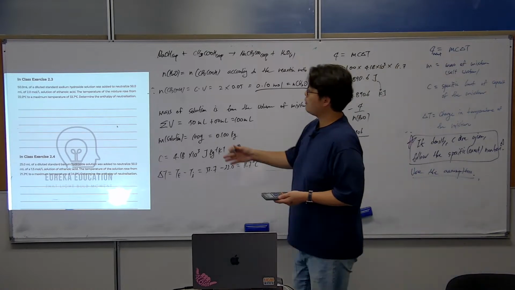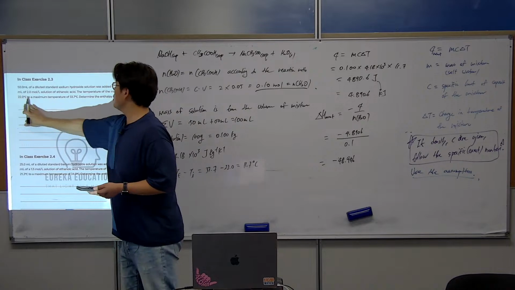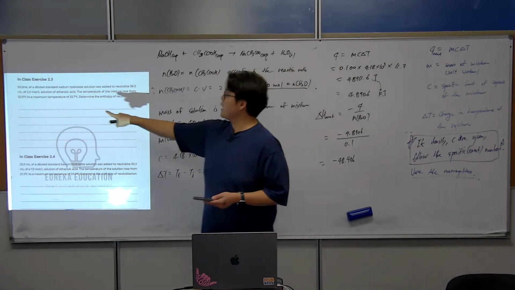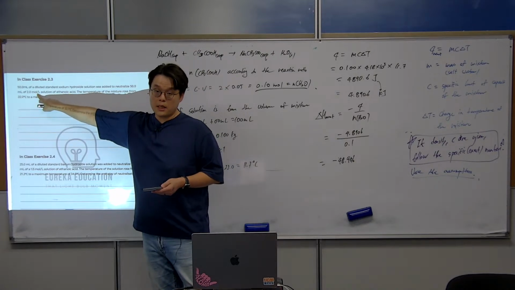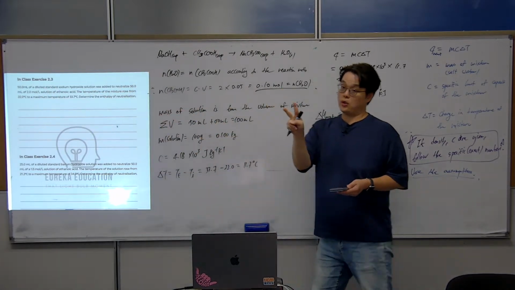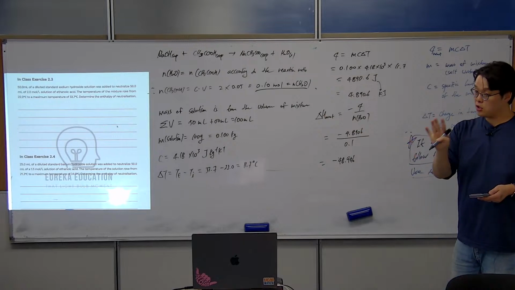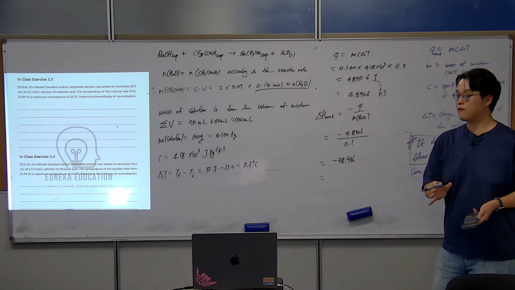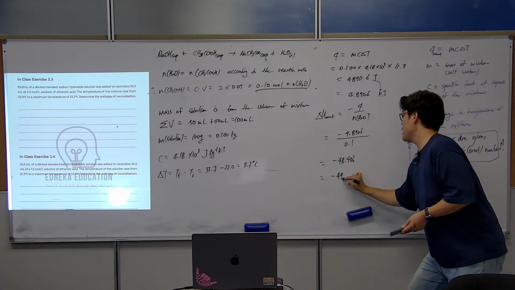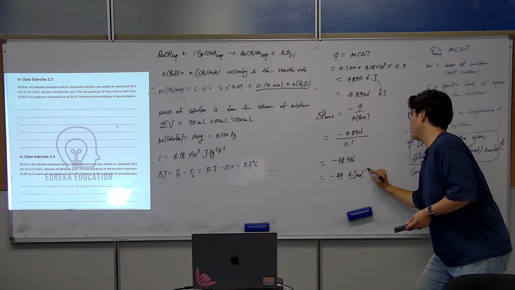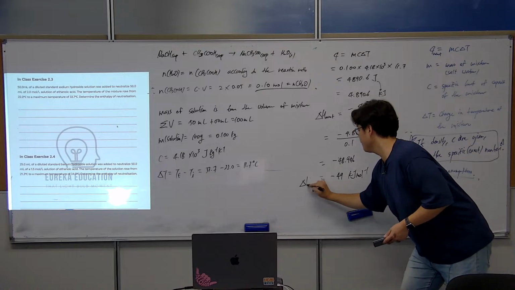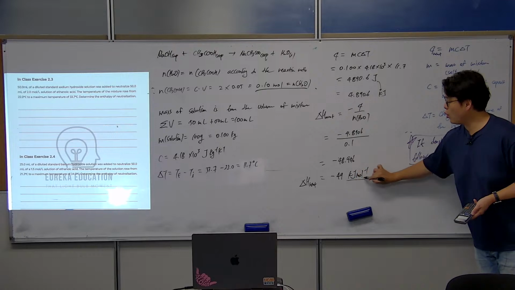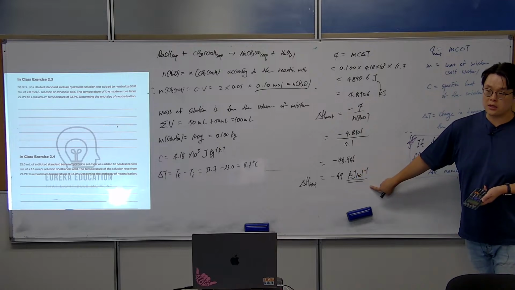You're given 3, 2, 2, 3, 3, and 2. Did we use the 2 moles here in your calculation? That means your lowest sig fig would be 2, not 3 anymore. If you didn't use that 2, you wouldn't have to worry about the sig figs. But as we did, you need to convert it into 2 sig figs. That would be minus 49 kilojoules per mole. This is the final answer, in 2 sig figs with the correct unit of delta H. Make sure you show the units of delta H in kilojoules per mole.